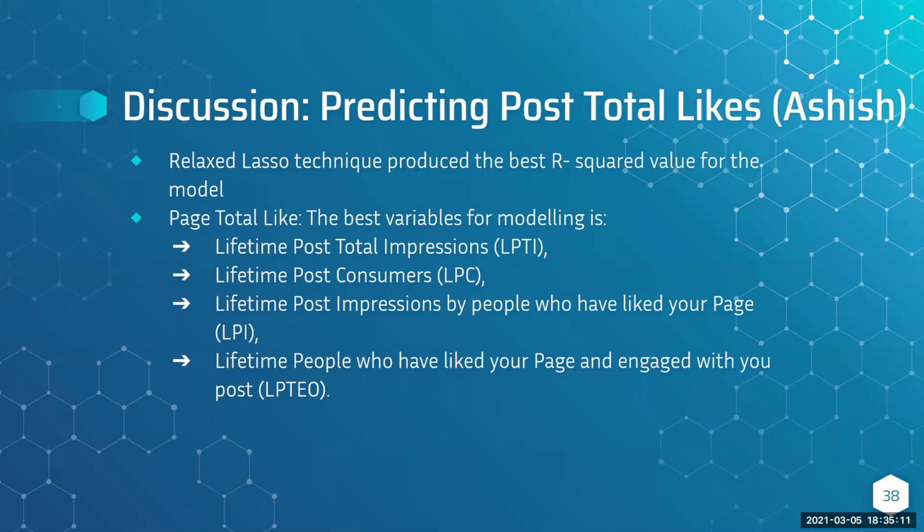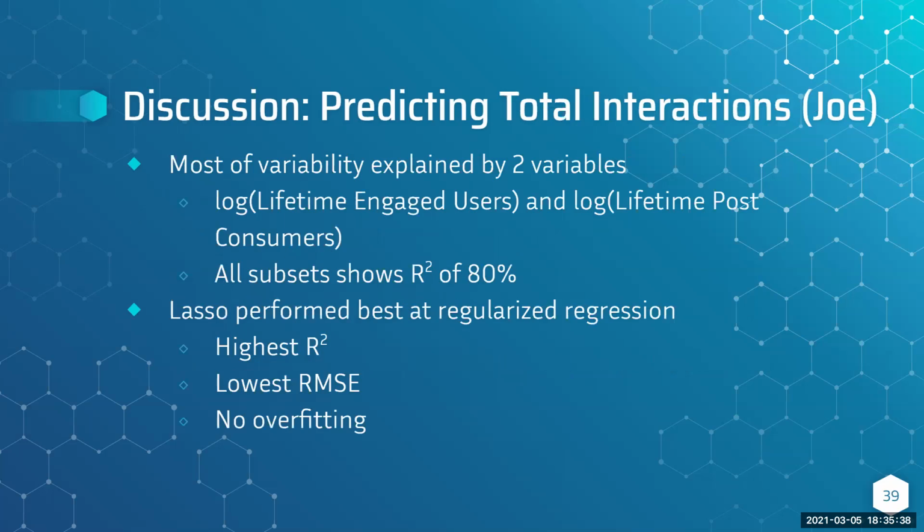Discussing predicting the post total likes, relaxed lasso was the best technique, which produced the best R-squared value. The variables used for modeling were lifetime post total impressions, lifetime post consumers, lifetime post impressions by people who have liked your page, and lifetime people who have liked your page and engaged with the post.